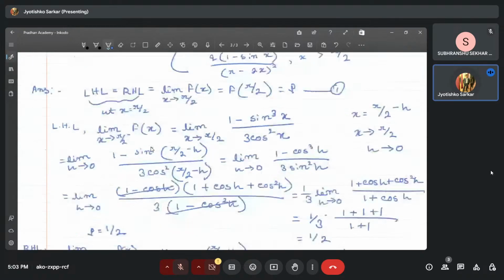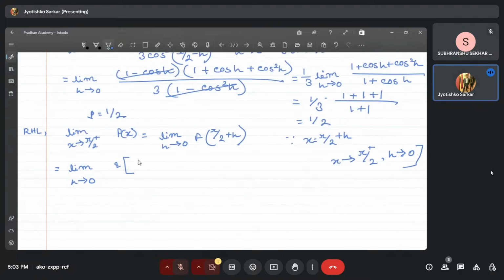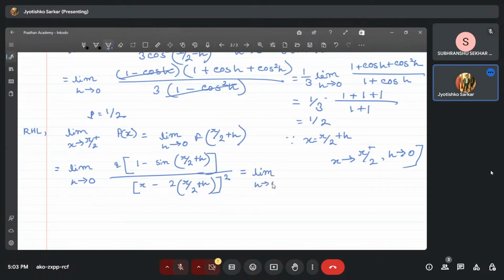Q into 1 minus sin x divided by pi minus 2x whole squared. Okay. Q into 1 minus cos h divided by 2 pi minus 2h whole square.